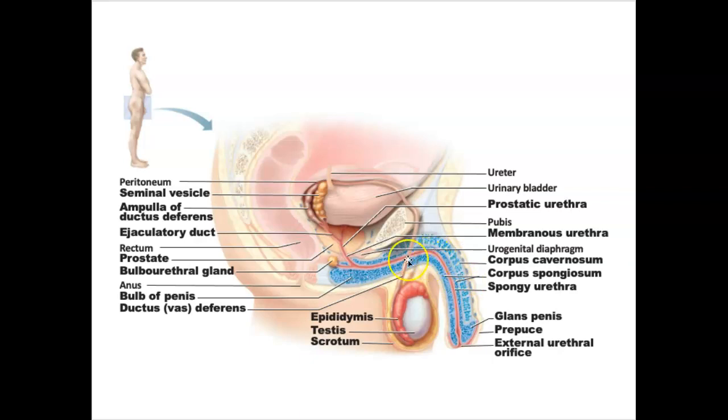These dorsolateral masses provide the rigidity of the penis to cause an erection. So the corpus cavernosum, singular, or the corpora cavernosa, plural, on each side, these two masses, we'll see a cross-section of in just a little bit here. They're cavernous, the corpus cavernosum, because they're sinuses that enlarge with blood during an erection.